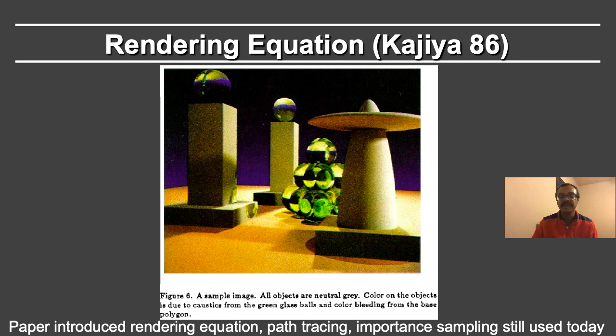You get color bleeding from the base polygon that supports color on the objects. And all of these effects are done in a unified framework based on the rendering equation. That paper also introduced path tracing and importance sampling, which are the key aspects of what you will be doing in homework 3 and later in homework 4.